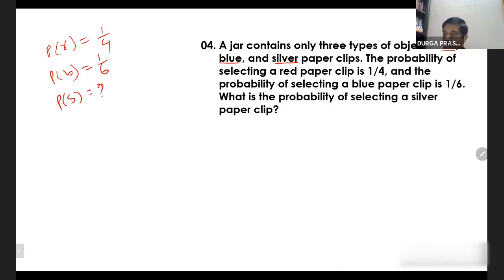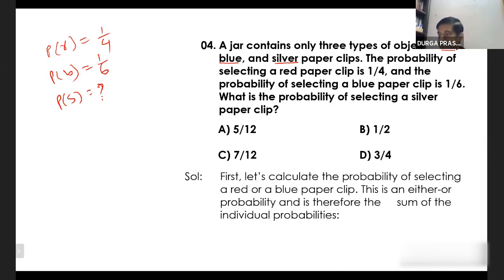The sum of all the probabilities in a sample space should be 1. So P of R plus P of blue plus P of S should be equal to 1. So what is P of S?